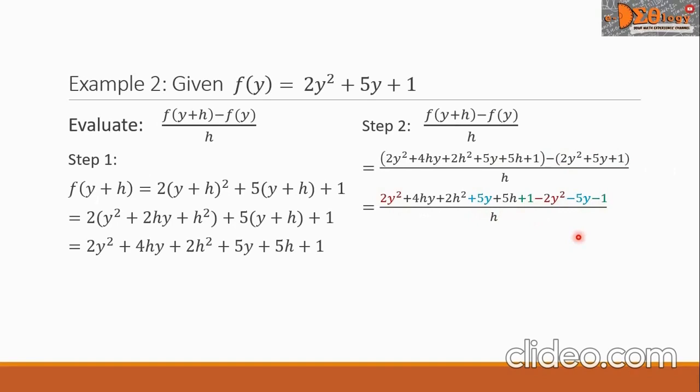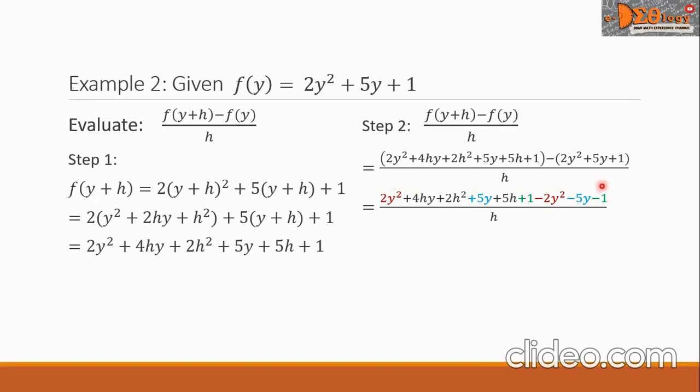And then let us see some terms that we can combine. I see here 2y squared, and there is negative 2y squared here. Also this positive 5y, and there is negative 5y here that can cancel each other. There is positive 1 while there is a negative 1 on the last part here.